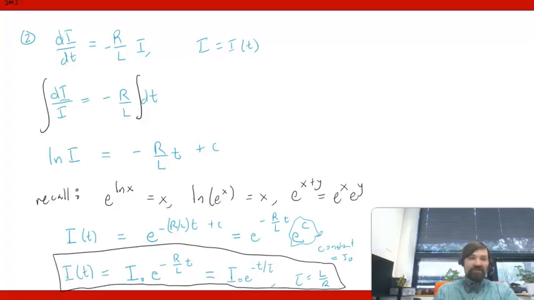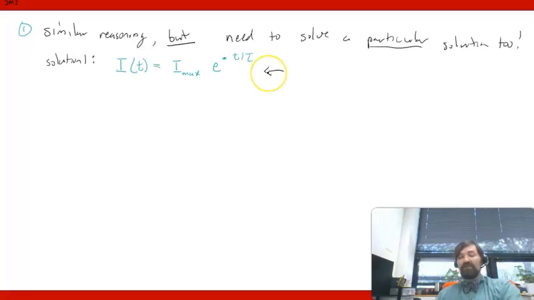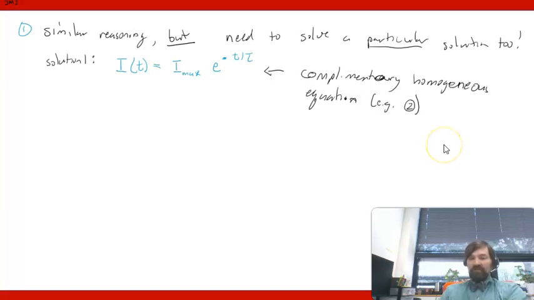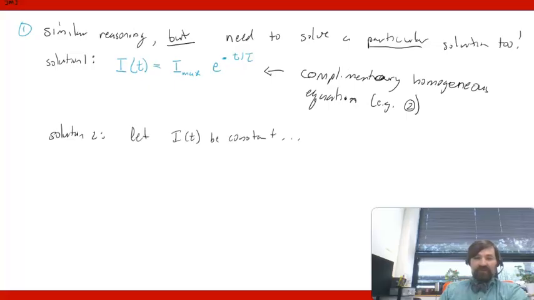The inhomogeneous version, for what it's worth, uses similar reasoning. To solve in position 1, you basically have to solve for the complementary homogeneous equation, which actually just is equation 2, hence why I did equation 2 first. So you get the same solution for that part, and then you have to also do a particular solution, which involves basically saying, suppose I of t is constant.